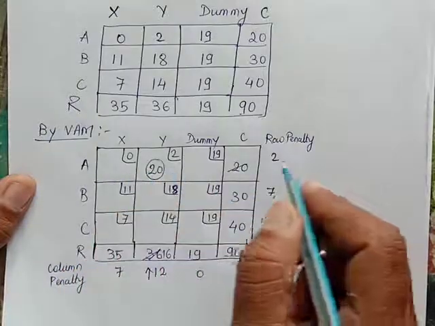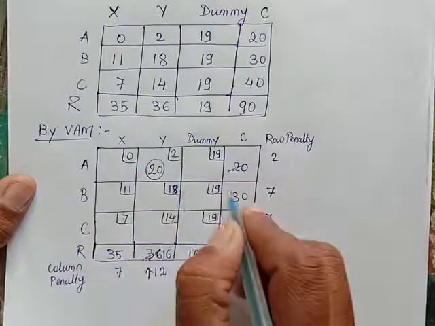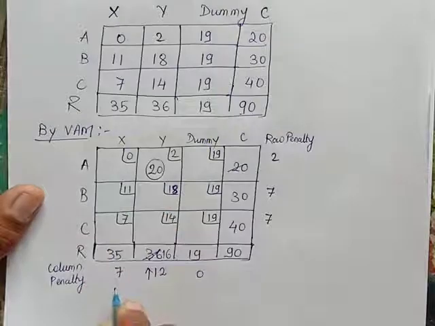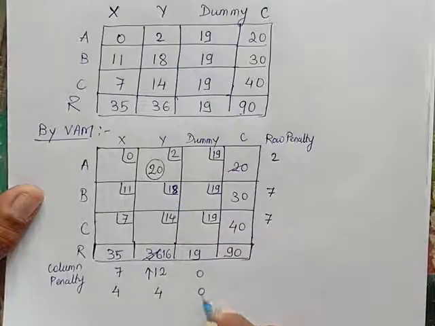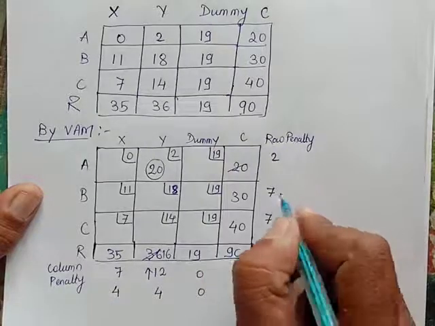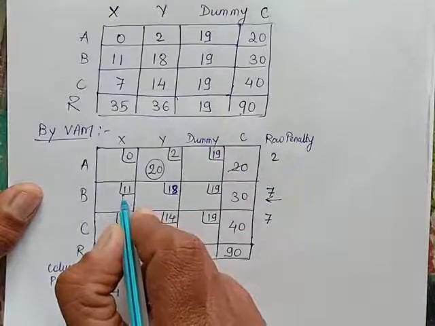So the column penalty will change. Since the row is satisfied, here it will be 4. Here it is again 4 and here 0. So now the maximum among 7, 7, 4, 4 is 7. So let me choose this 7. So 7 will be chosen. So here 11 is the least cost.